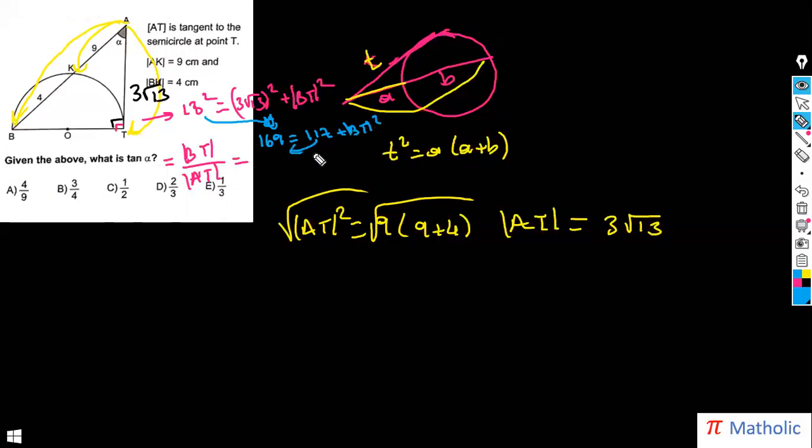You have to move to the other side and take the square root of both sides. So BT will be 2 radical 13. So this one is 2 radical 13.